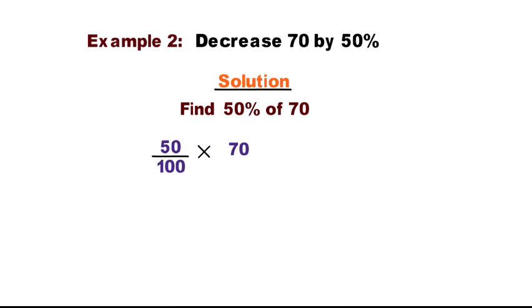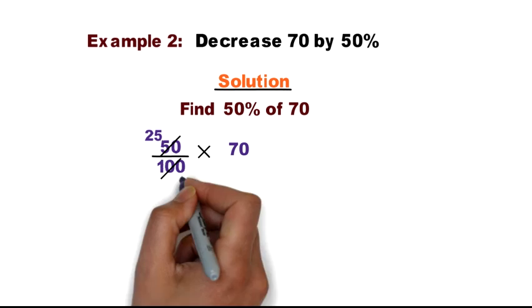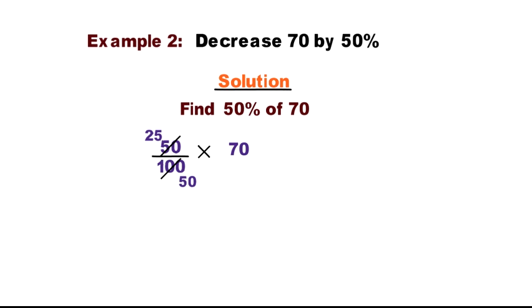Next, we will look for numbers that can divide. 2 can divide both 50 and 100. So, 2 divides 50 gives us 25. And 2 divides 100 gives us 50. Next, 5 can divide.